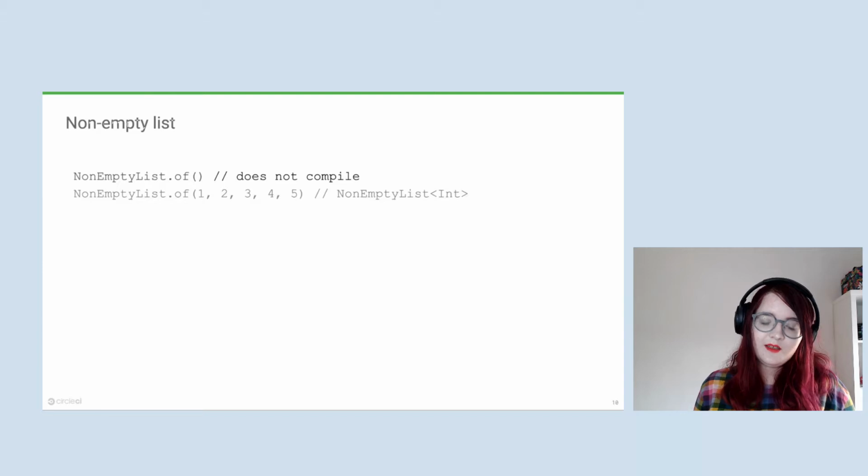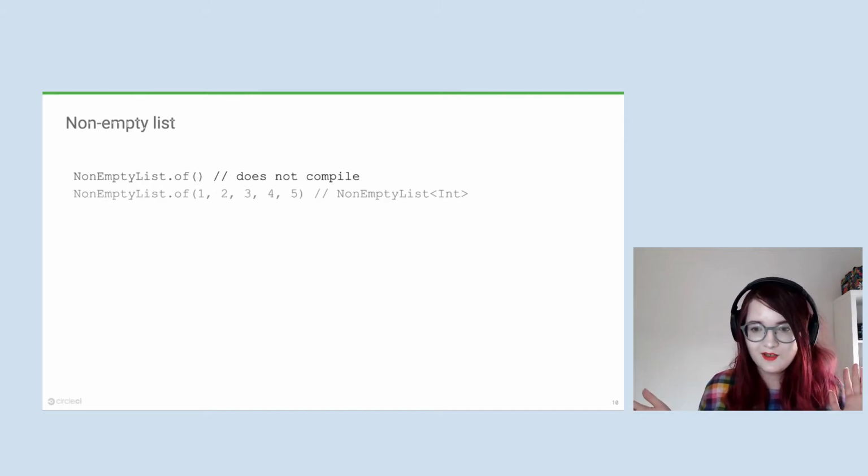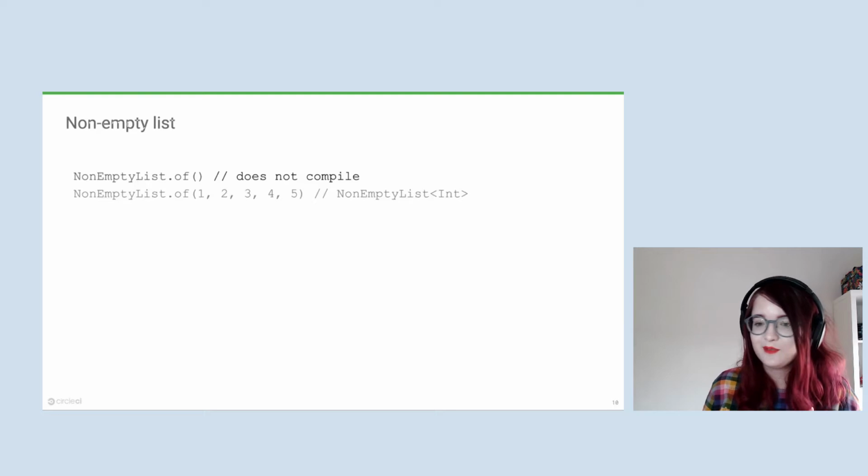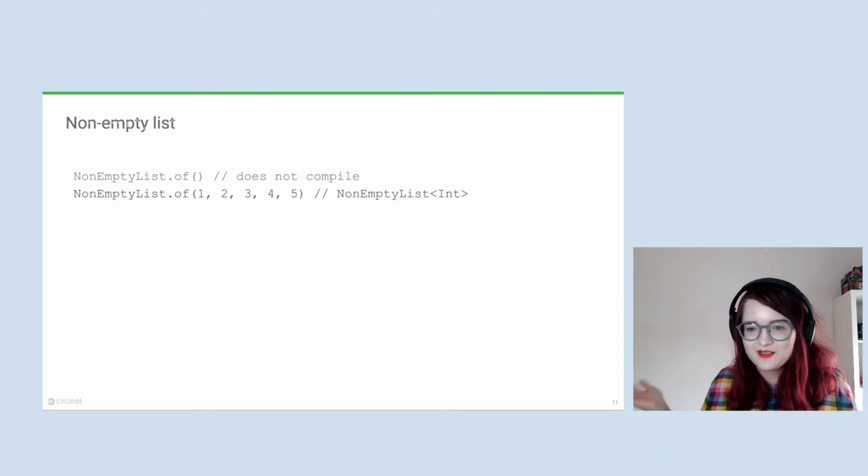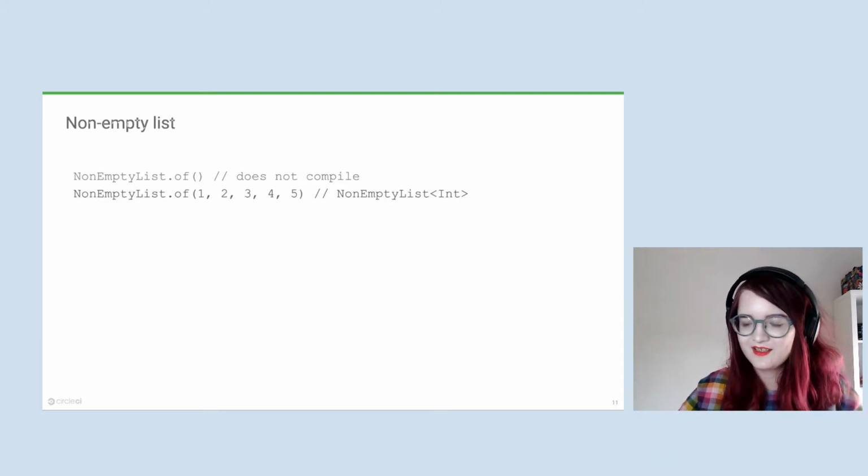A non-empty list guarantees us that if it's created, it will always be full with some elements, or at least not be empty, as the name says. For example, we cannot create a non-empty list of nothing, but we can create it with some elements. So looks pretty nice.